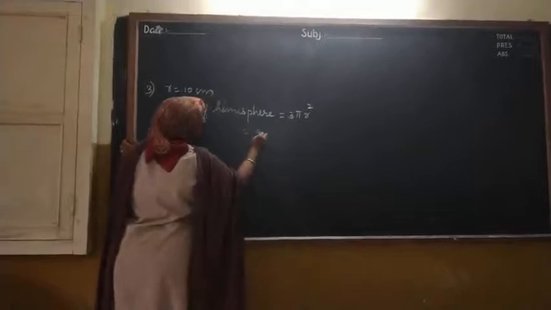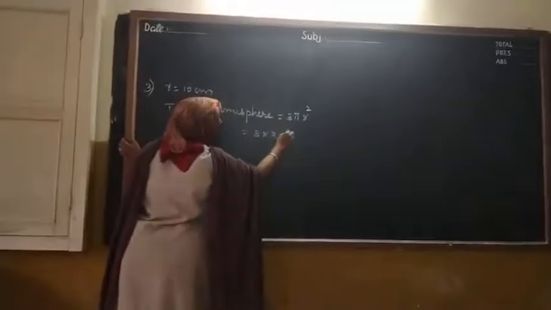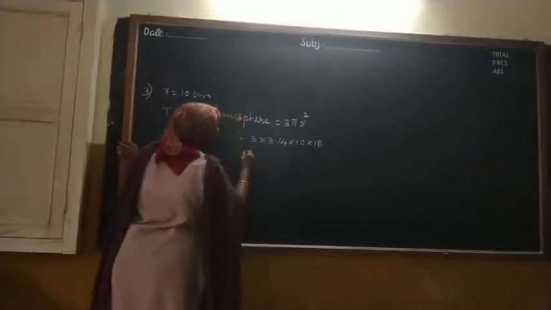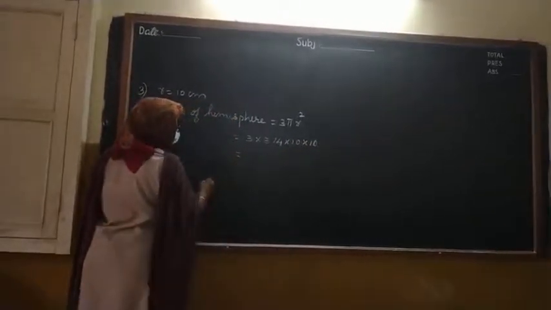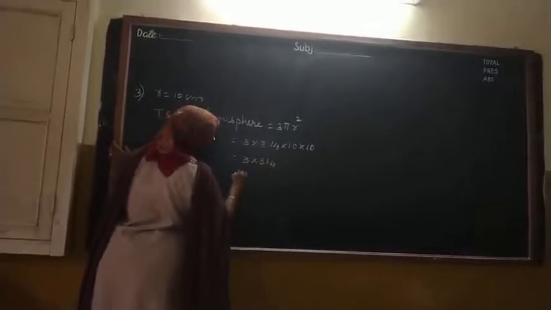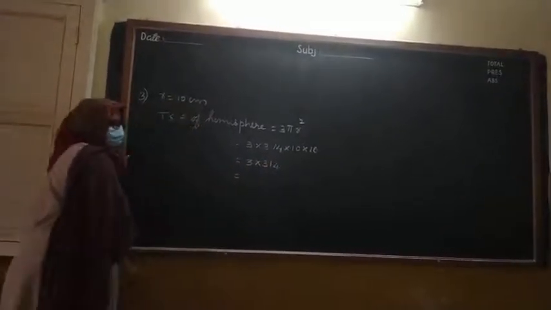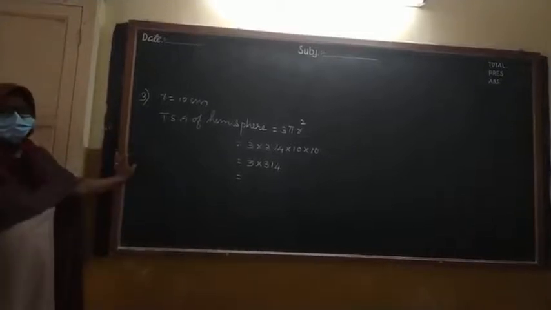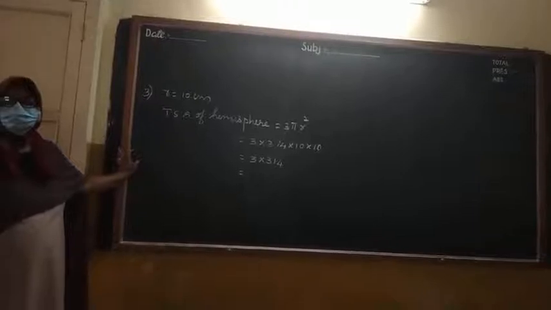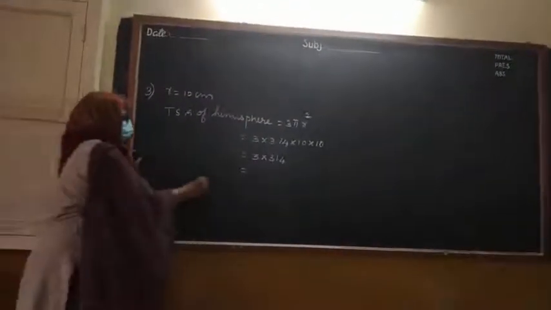So 3 into 3.14 into 10 into 10. So 100, that point will be removed. So 3 into 314, which is 942.